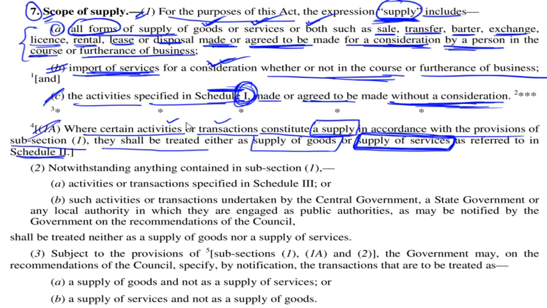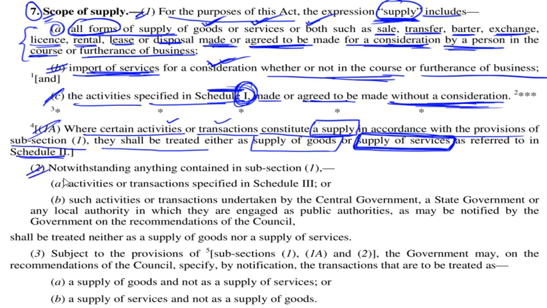So, in Schedule 2, there are certain activities or transactions that may be treated as either supply of goods or supply of services. So, you need to refer to Schedule 2.